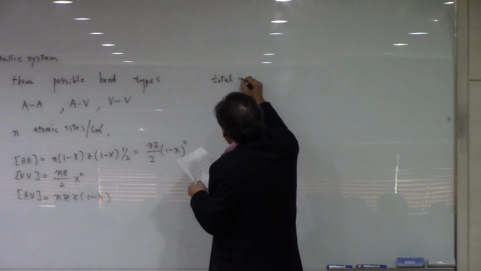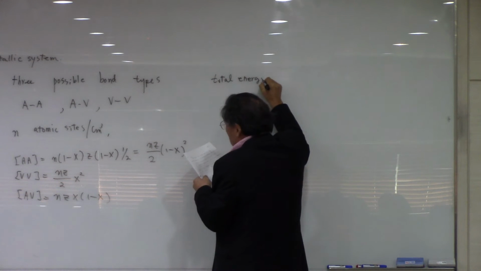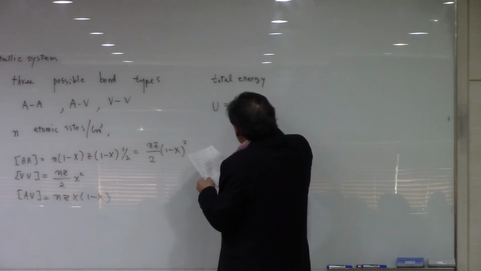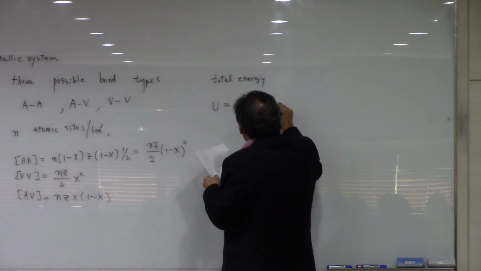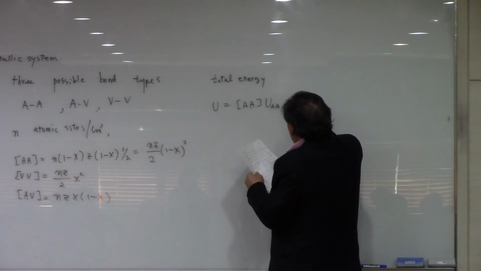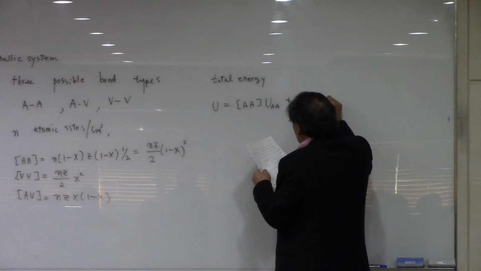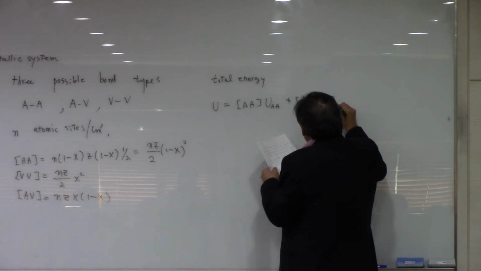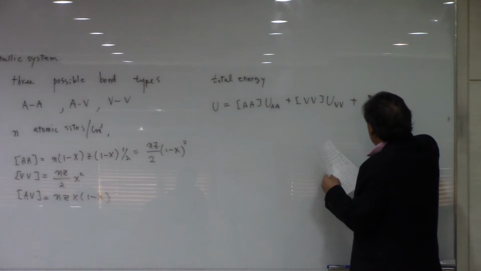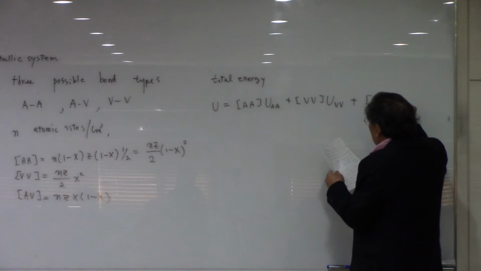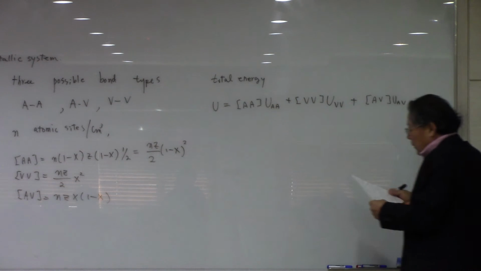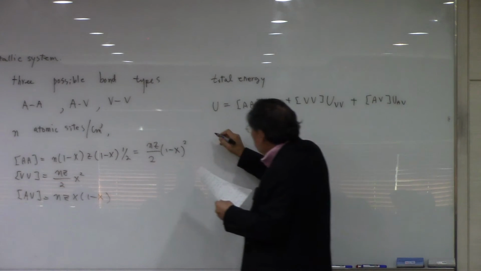Total energy now is going to be U, that is UAA, that's the bonding energies of AA. And then the concentration of free bonding and the internal energy, UAV. Yeah, simple as that.